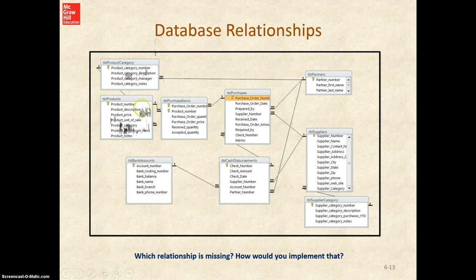The product number and the purchases number, from the products and the purchases tables, are primary keys in this linking table, purchase items. We have account number, a primary key in bank accounts, and a foreign key in cash disbursements. So we can see all these links. Are there any relationships missing? And how would we implement it? Pause the video for a second and see if you can determine which relationship might be missing.